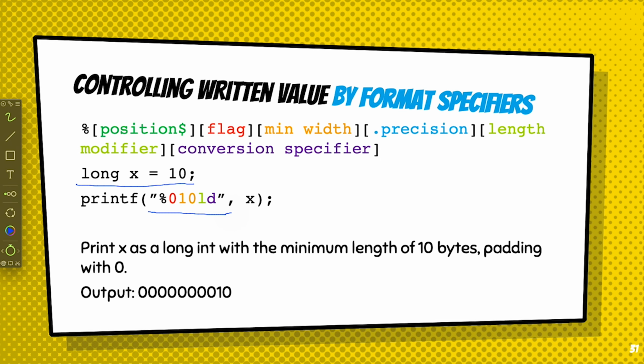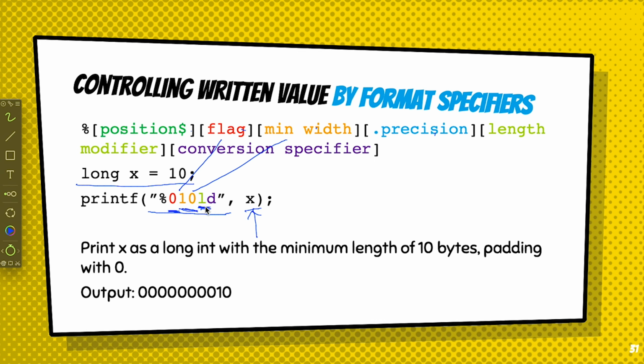A format specifier can be composed of 6 different components. In this case, we are using 4 components. The first one is the flag, and the second one is the minimum width. So these 2 parts specify that if the outputted variable is not as long as 10 bytes, then we're going to pad the output with 0.